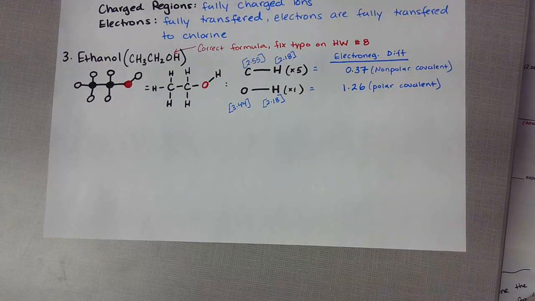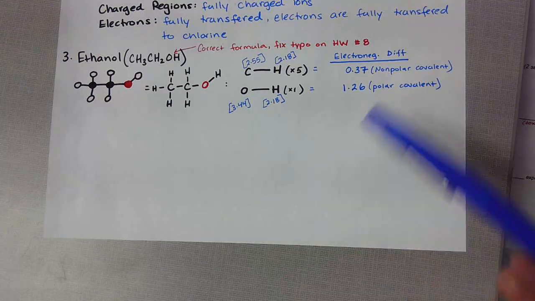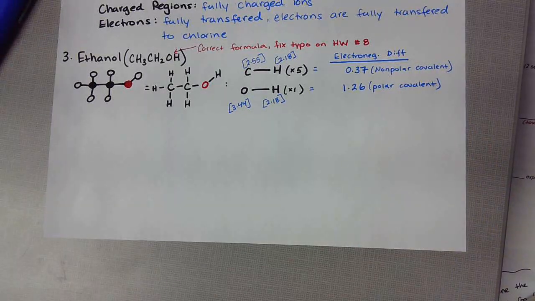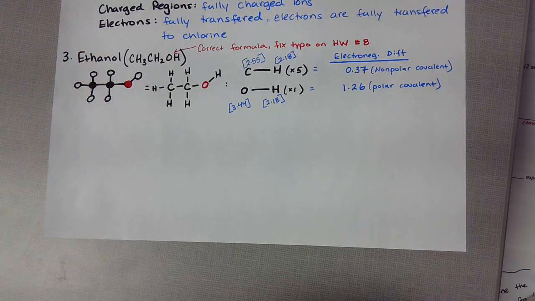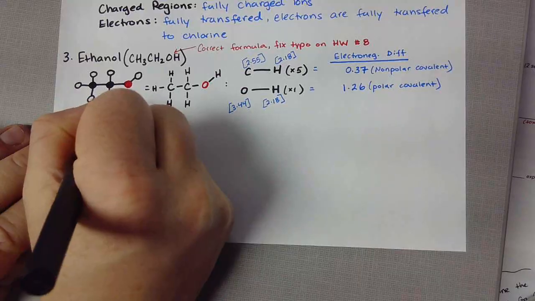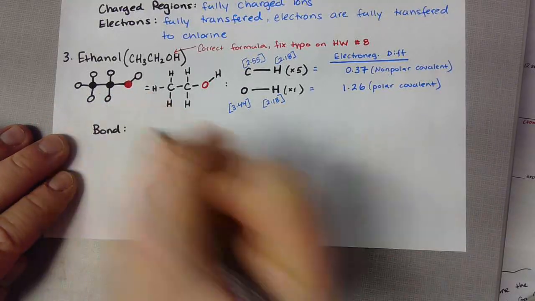So this structure came last because it includes a few bonds, and those bonds fall into different categories. However, when we characterize the structure, we're still going to characterize the structure as a whole. And we're still going to use the same categories.